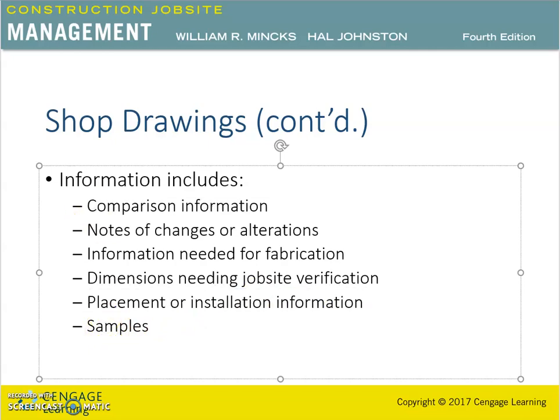As far as the comparison information is concerned, it is the information for the architect and engineers. The shop drawings should include information for the architect and engineer to compare to the specifications and drawings.